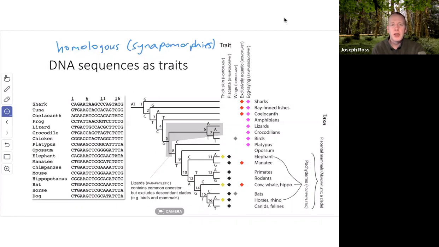So this would need to be a gene potentially like RNA polymerase, a gene that we know that each of these species has, and that we can unambiguously identify as being genes present in all these species, and we're looking at the descendant gene sequences from the common ancestor. That's what I mean by homologous.